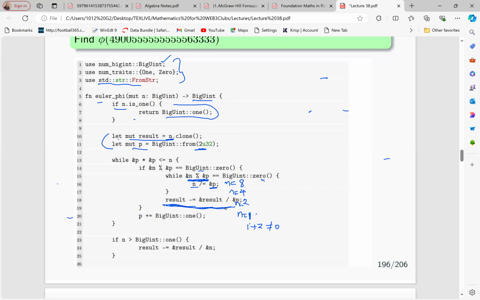Now, we have written here n minus the result of what is on the right-hand side: n minus n divided by p. So our new result becomes the initial result, minus n divided by 2.